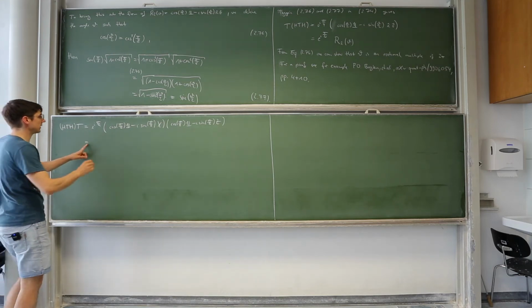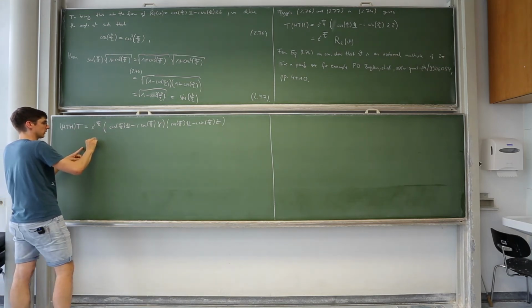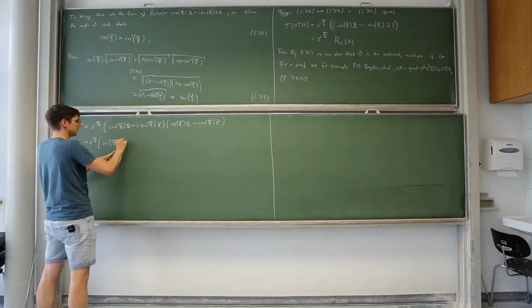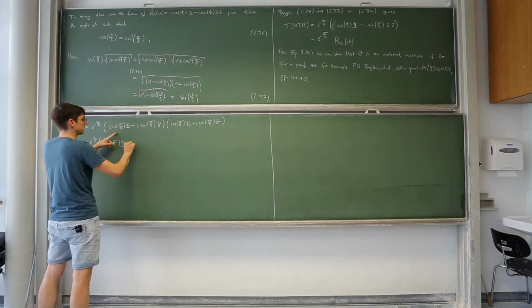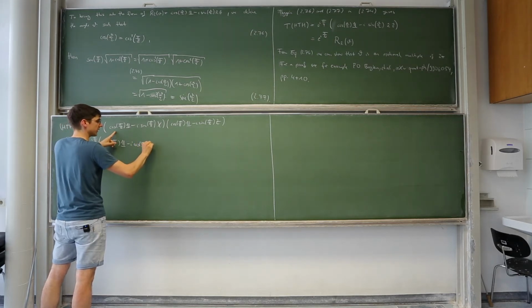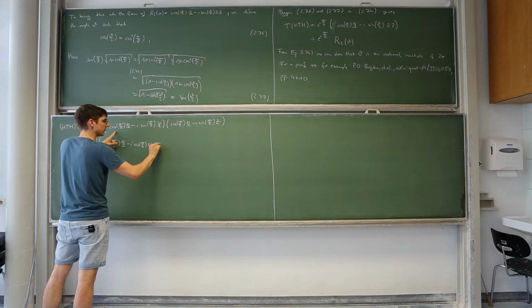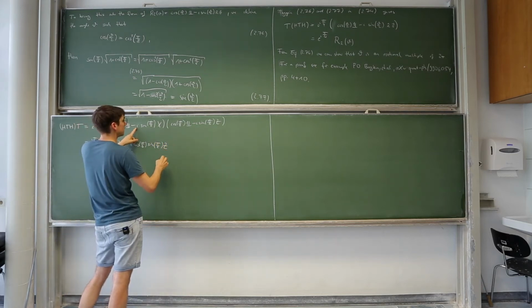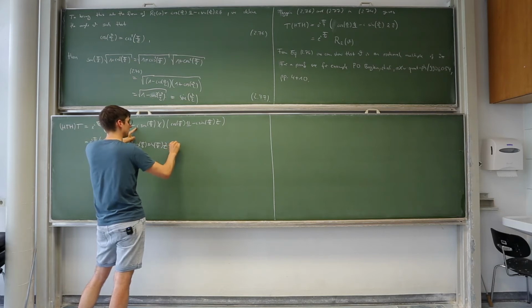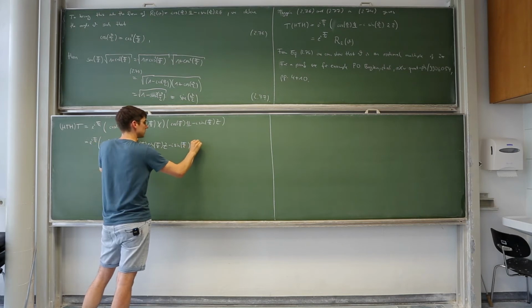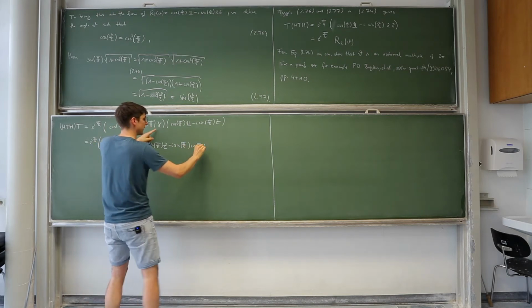So let's multiply this out. Here we have cosinus squared pi over 8 times the identity. Then we have minus I cosinus pi over 8 sinus pi over 8 times z. And then we have here minus I sinus pi over 8 times cosinus pi over 8 times x.